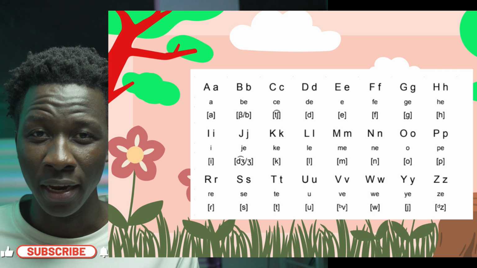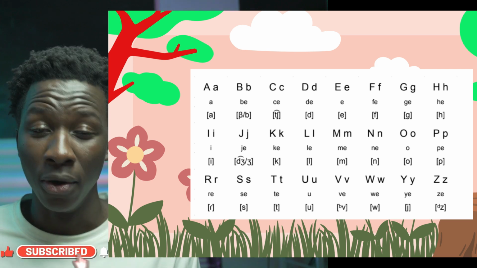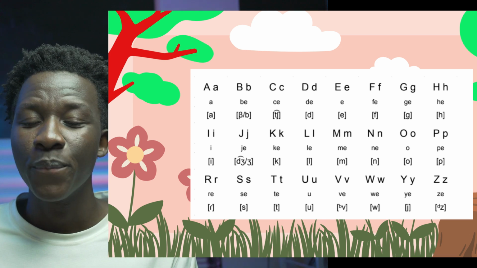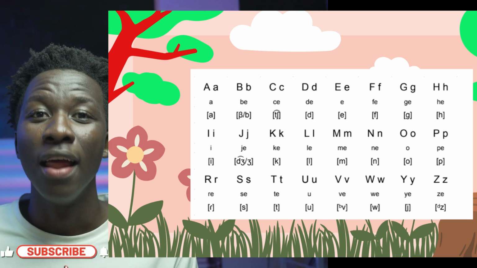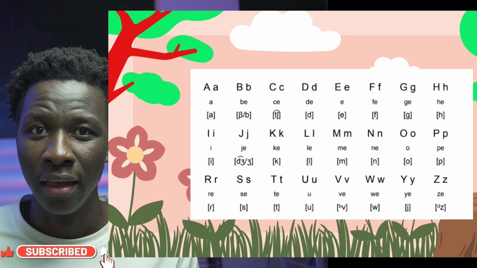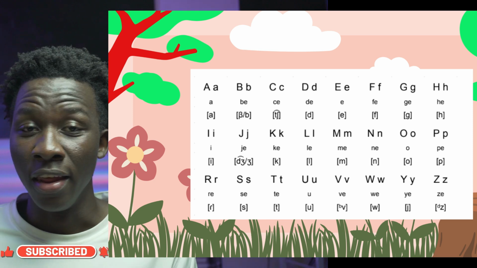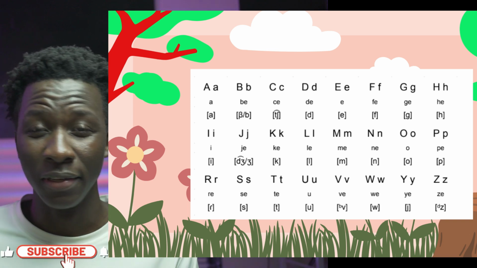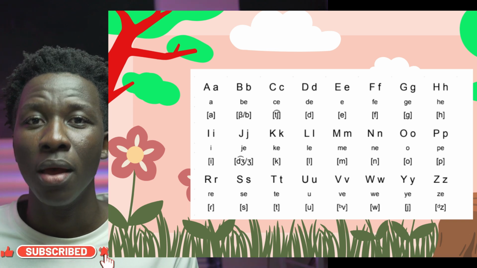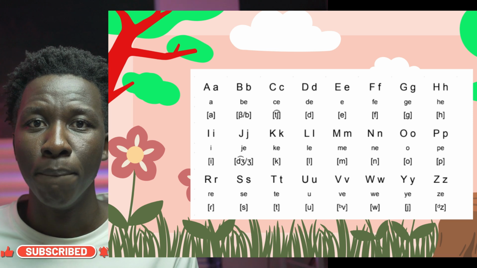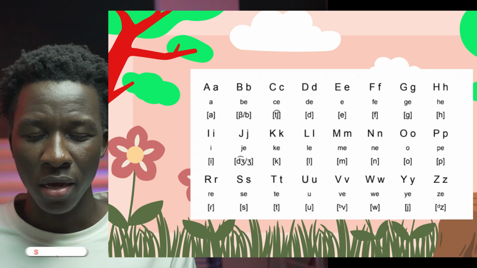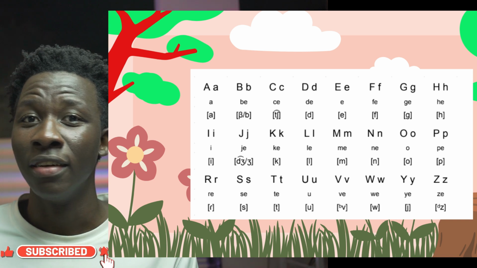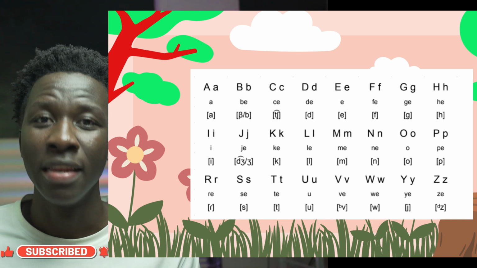In English we say L, but in Kirundi we say le. In English we say M, but in Kirundi we say me. In English we say N, but in Kirundi we say ne.